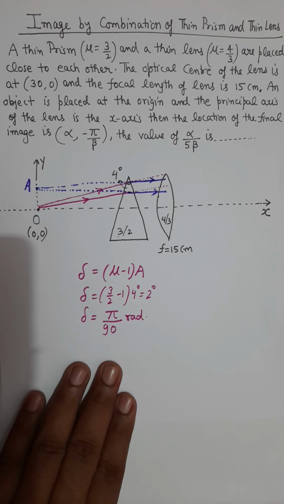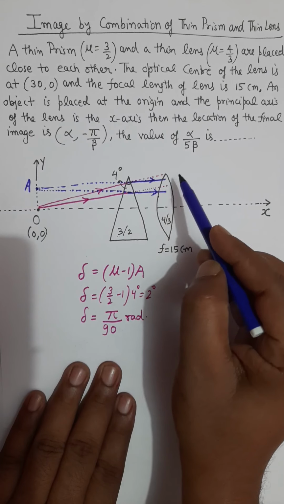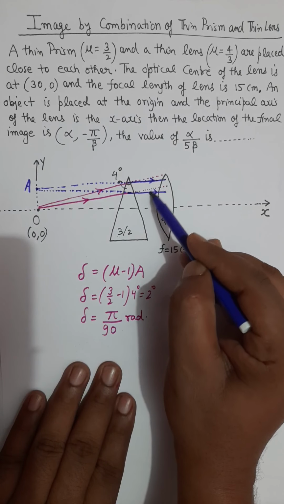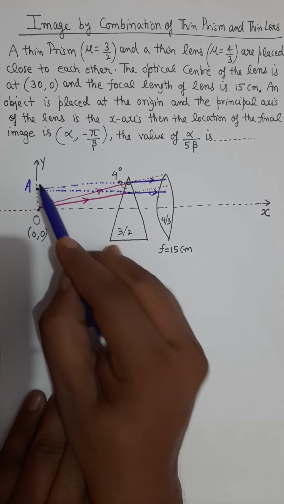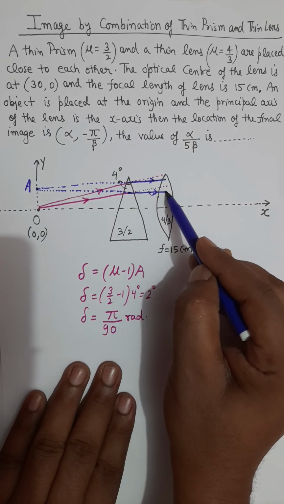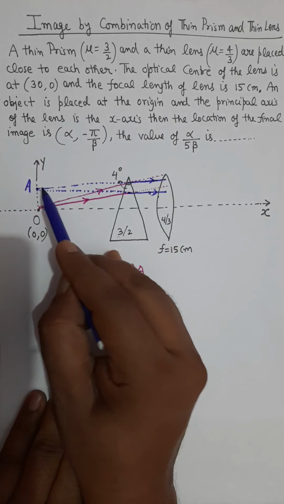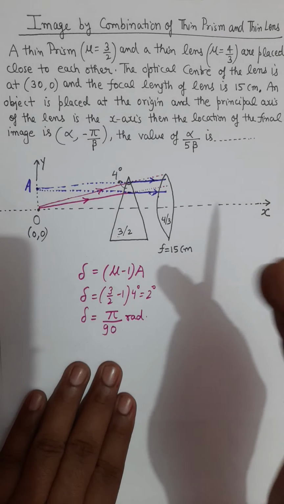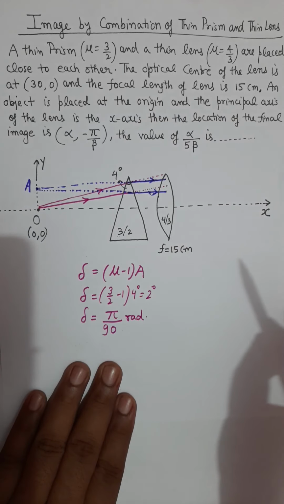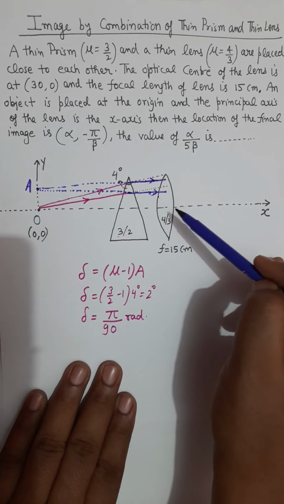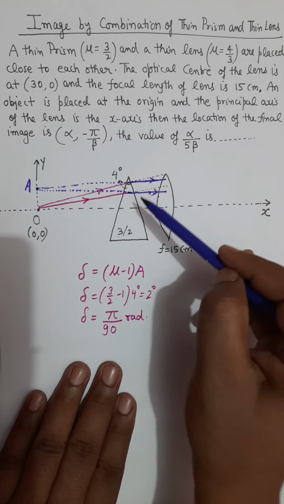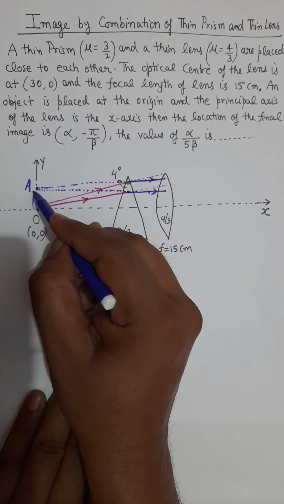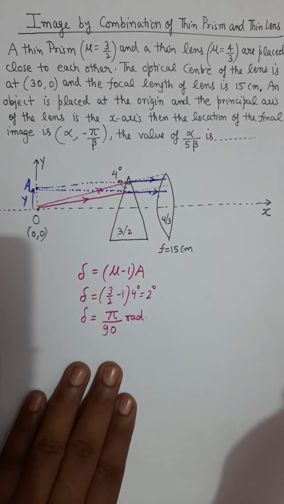And why can we treat it like object? Because the lens receives these two rays, which appear to be coming from point A, and therefore point A, as per the definition of object, will be considered as object for this lens. So the object A for this lens is at some height. Let's say the height of object is y. Now I have to find this height.